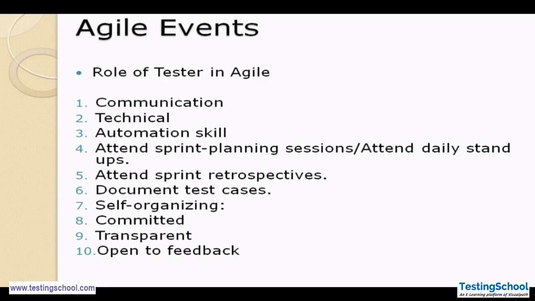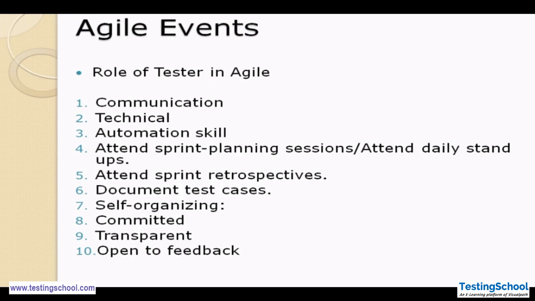Self-organizing. Self-organizing means he should be more capable of handling the different requirements from the business team. Then he should be committed. The tester should be committed to his or her task. Then transparent. The tester should be transparent so that he always speaks in the meeting about what is going on, how he is testing, and what is going on in the automation.